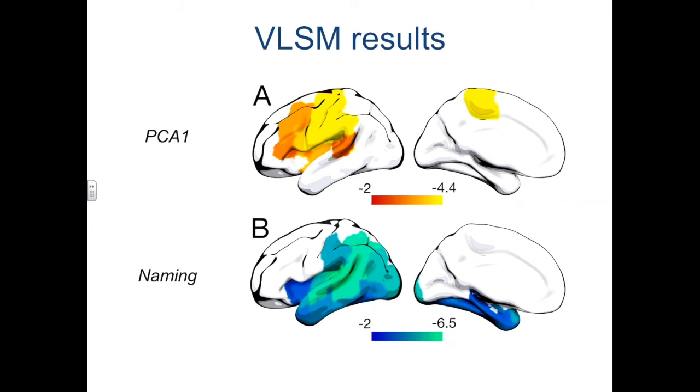And clearly, this is one of the limitations that I think we need to highlight for our study as it is now: because we used WAB naming, there is a bias to object naming. So it excludes action naming. All items in the WAB that are part of the naming task are objects. None of them are action naming stimuli.